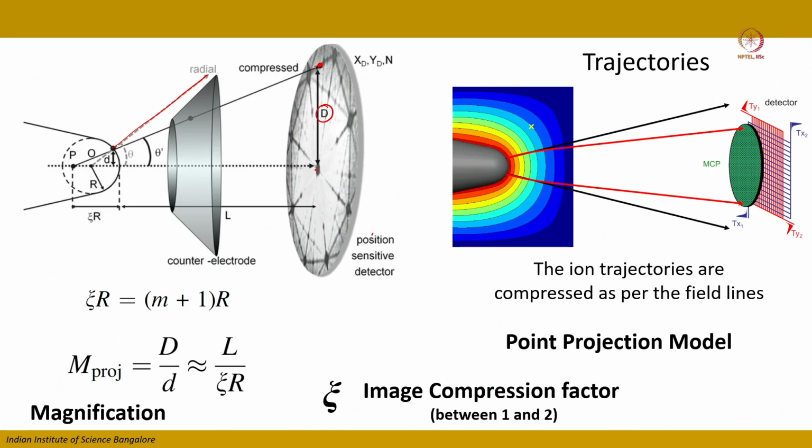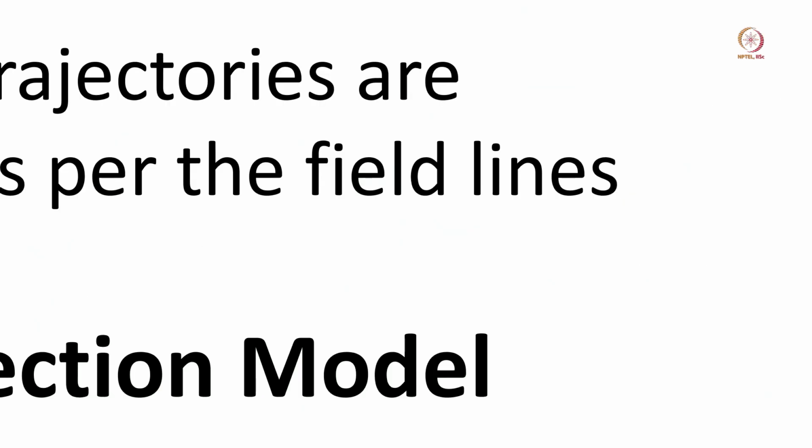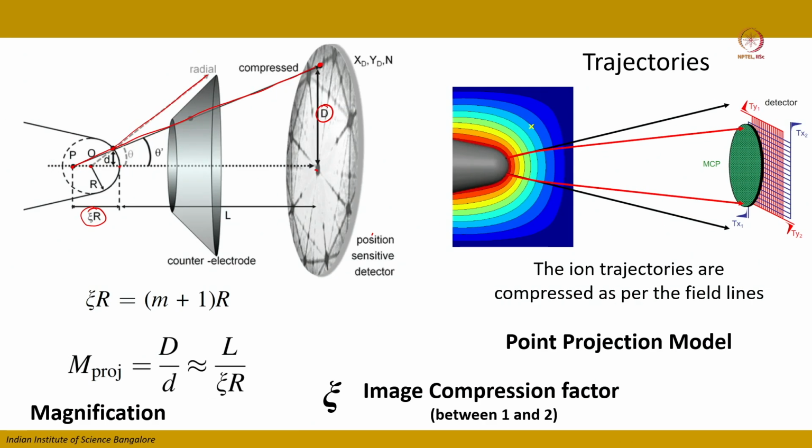You can draw a straight line along this atom on the surface and project it onto the axis to a point P which is far from the O. The distance between the tip surface and P is related to xi times r, where xi corresponds to the image compression factor.